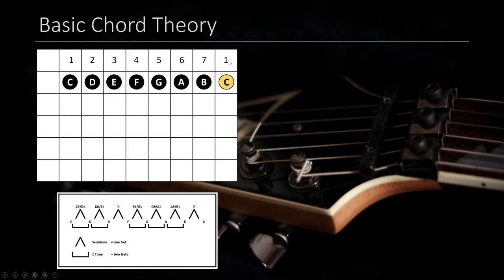Now on some of the tutorials, that second C is numbered 1, and in others it's numbered 8, and I prefer to number it 1 because then it does go in the full circle. We go 1, 2, 3, 4, 5, 6, 7 back to 1.